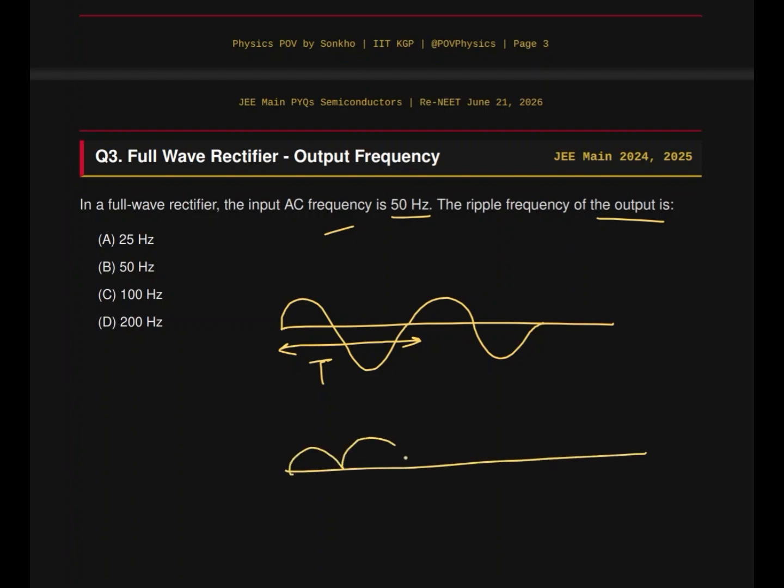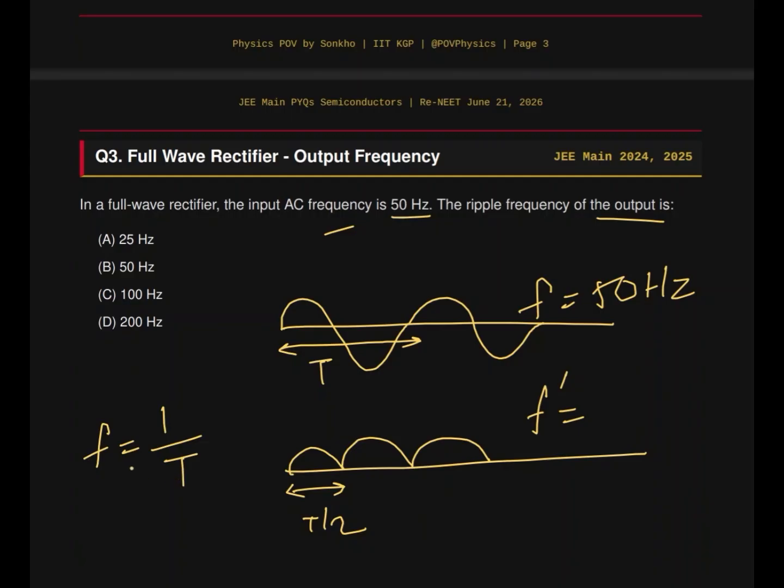Full wave rectifier will be like this, so the time period will be T upon 2. Its frequency is 50 hertz. Frequency is 1 upon time period. So time period is half, frequency becomes double. So it will be 100 hertz. Simple.